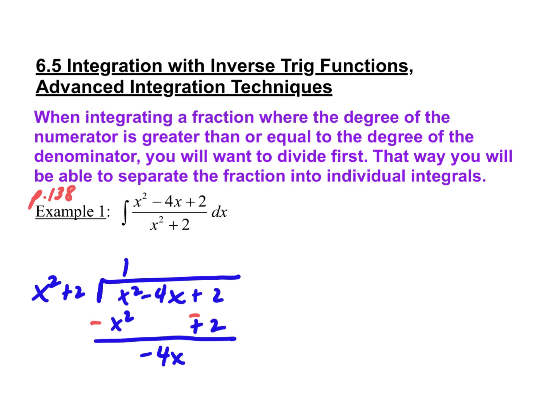Multiply, then subtract. Okay. Now, this here's where once the degree of your remaining term is less than your divisor, that's where your remainder comes in. So my remainder ends up being just negative 4x over x squared plus 2.